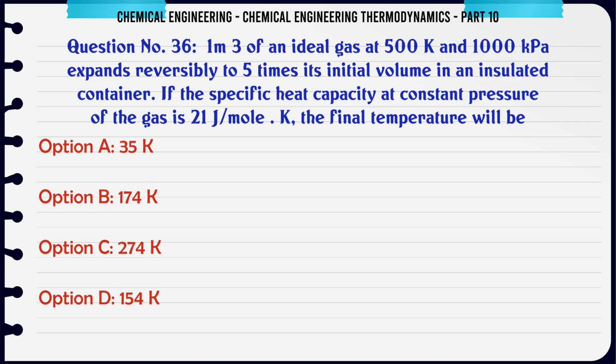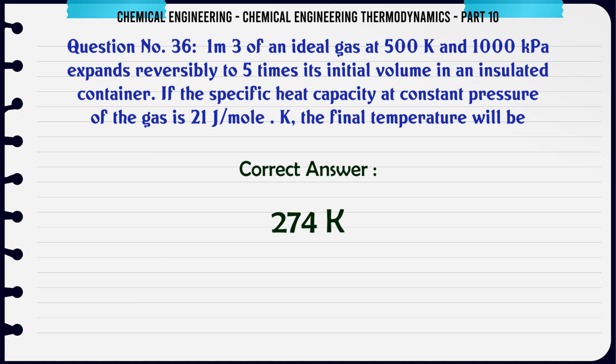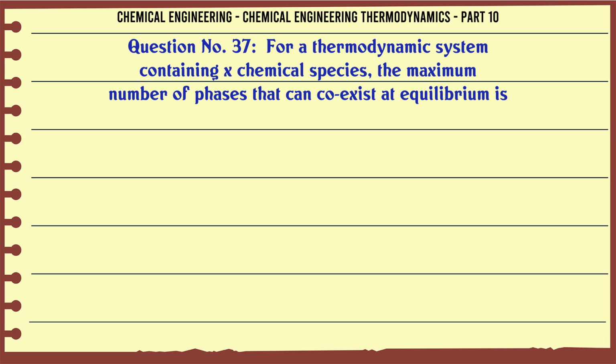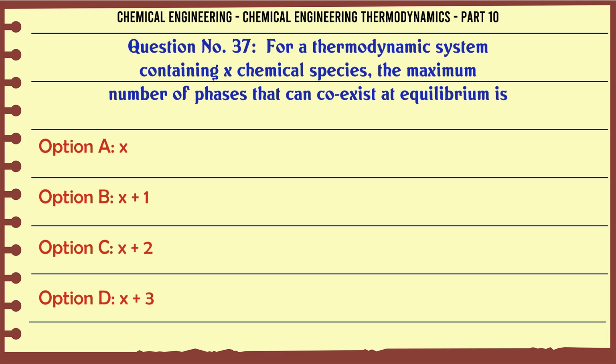If the specific heat capacity at constant pressure of the gas is 21 J/mol K, the final temperature will be: A. 35 K. B. 174 K. C. 274 K. D. 154 K. The correct answer is 274 K.